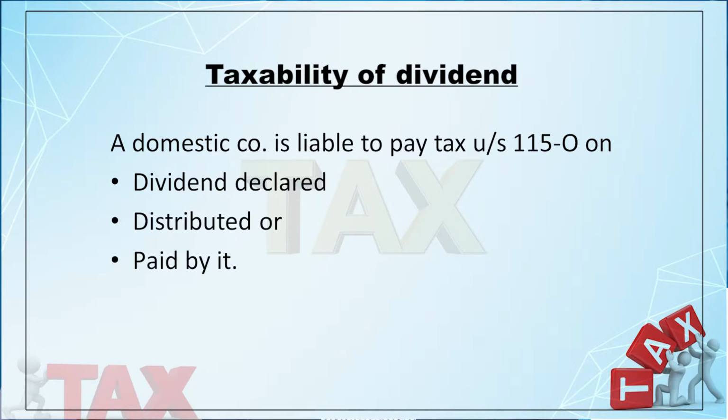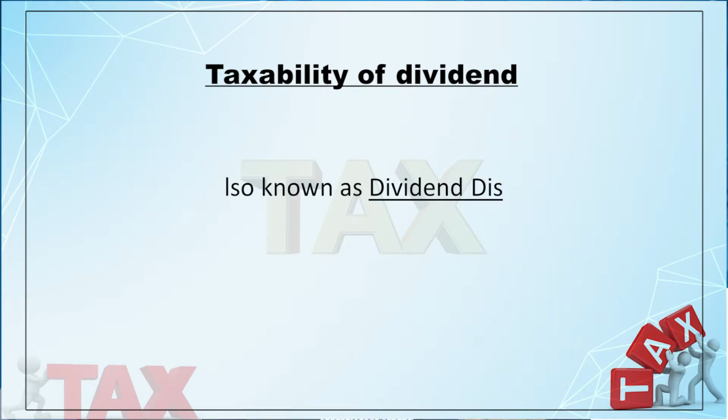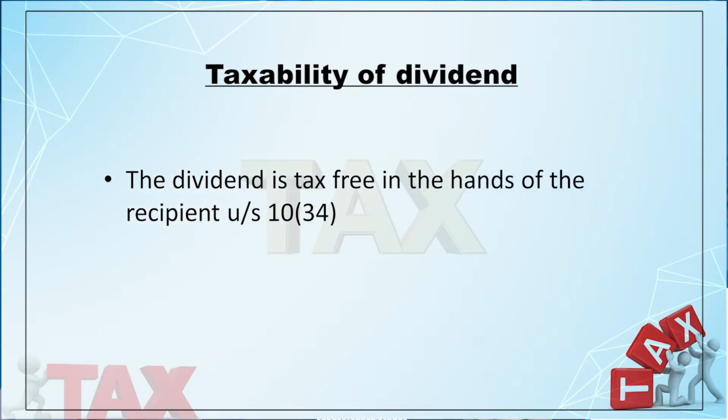under section 115O. So, the giver company, mind it, the giver company is liable to pay the dividend tax, which is known as the dividend distribution tax. In short, we can call it DDT, dividend distribution tax. So, the recipient is exempted. That is, the shareholders are exempted from paying tax on such dividend, who are receiving the dividend under section 10 subsection 34.